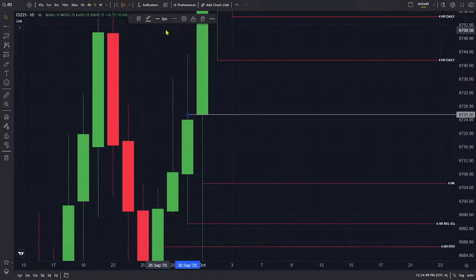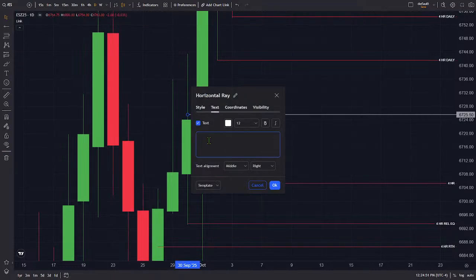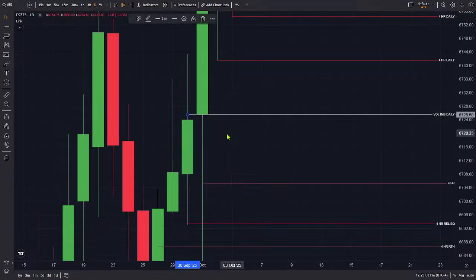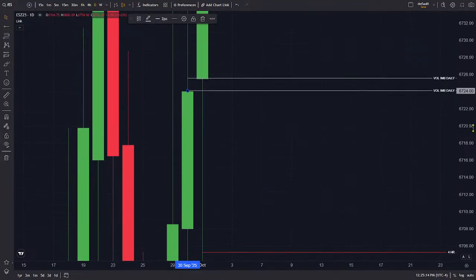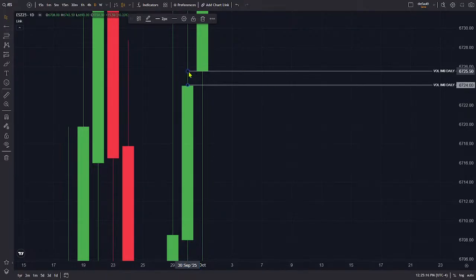We'll make it gray. We'll call it a volume imbalance. Okay. And clone it. We'll clone that thing. And then we'll look for any more and we'll do those too.